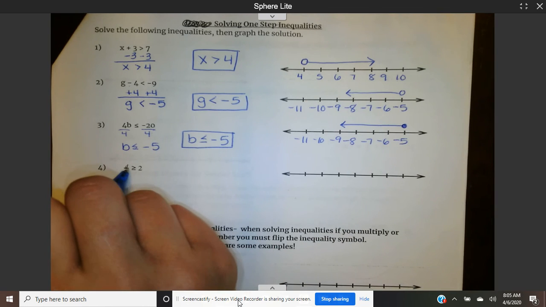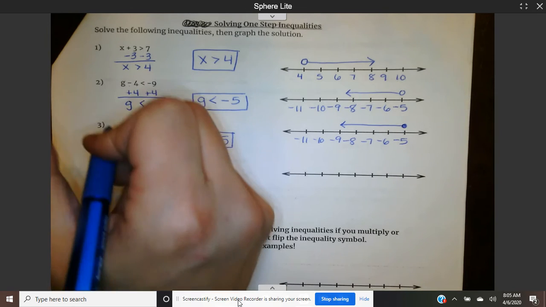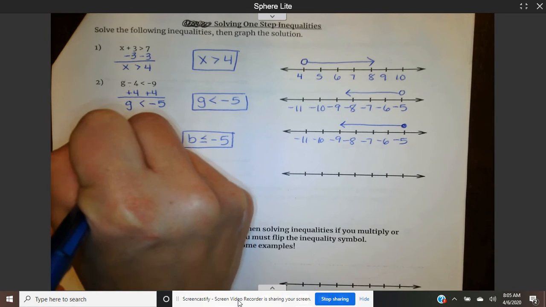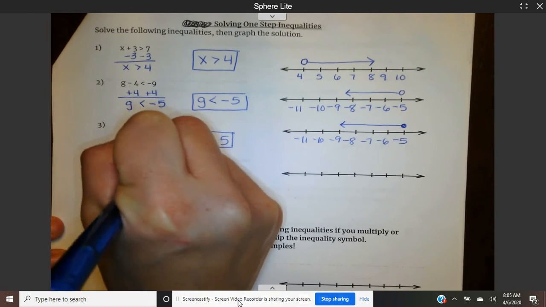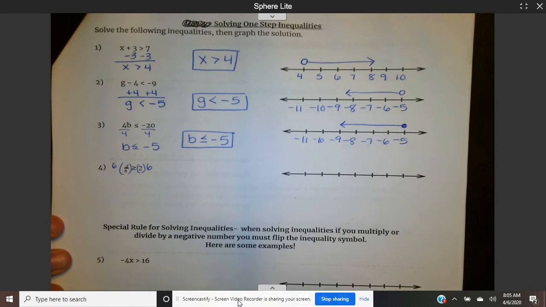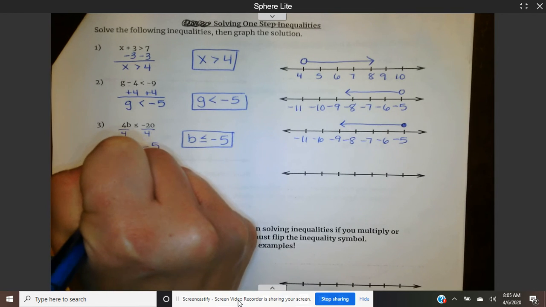And the last one, we have d divided by 6. The opposite of that is multiplication, so I'm going to multiply both sides by 6. Now, when we did equations, I did say you could put a 1 under the 2 and then cross multiply. Please do not cross multiply with inequalities. Okay, do not.